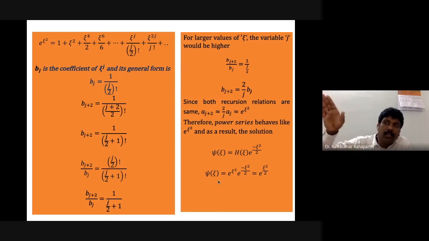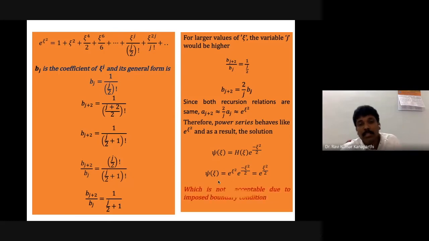If this is the total function, the function also will increase to an infinite value, and in fact it reaches infinity. But originally what we started with is any solution of the simple harmonic oscillator, and we made a generalization that when x is approaching plus or minus infinity, the function should vanish.